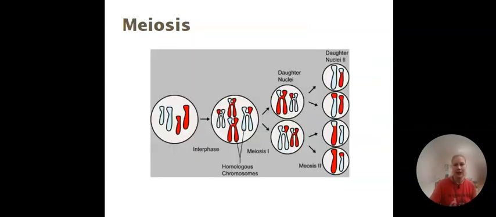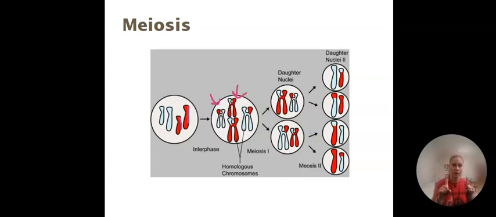Here's a good graphic of meiosis. I do want to point out what's happened here. We can see in this first cell where we just have 2 plain red chromosomes and 2 plain white chromosomes, but then we now have this white chromosome that's got a little bit of red on it, this red chromosome that's got a little bit of white. That is crossing over.